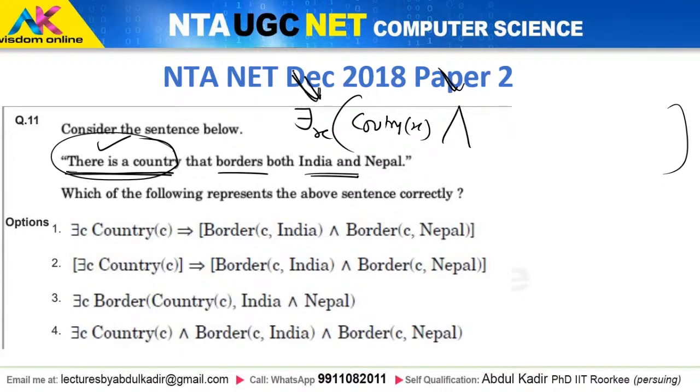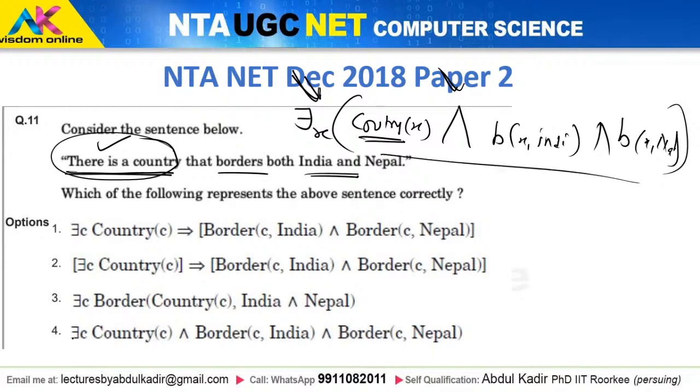So there exists an X such that X is a country, and this X borders with India, and this X borders with Nepal. This is how you can solve this question, and the answer will be your option 4.